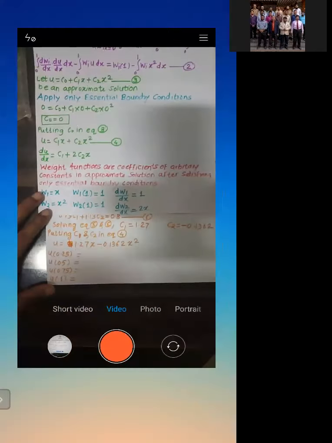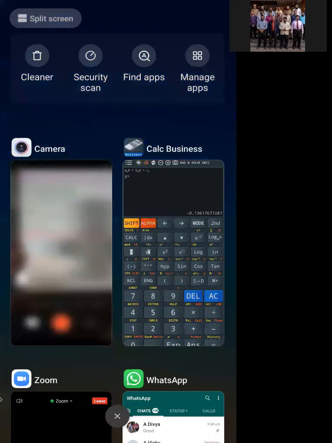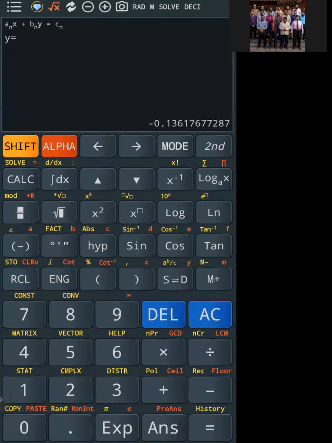Let's set this equation in a calculator: 1.27 into x minus 0.1362 into x square. Let us solve it for x.